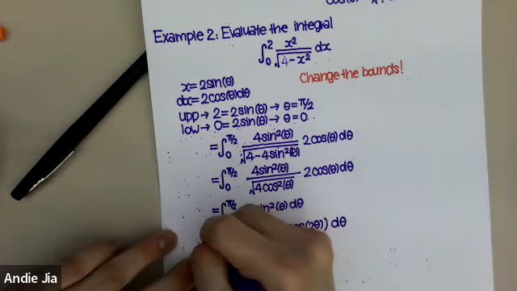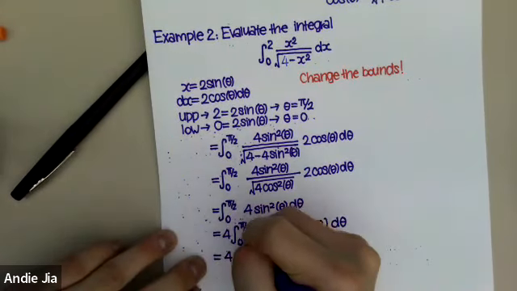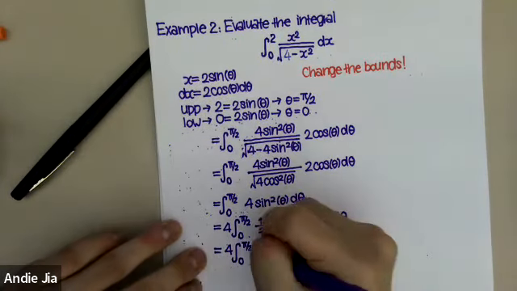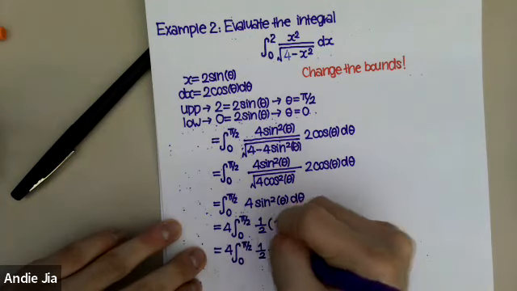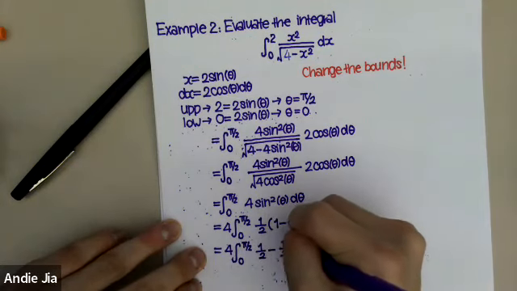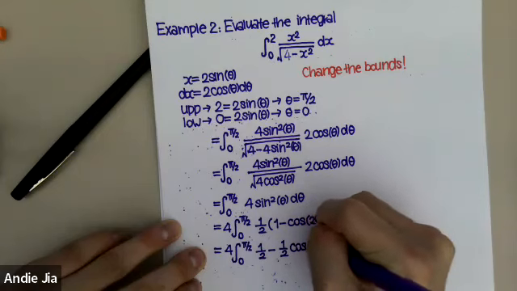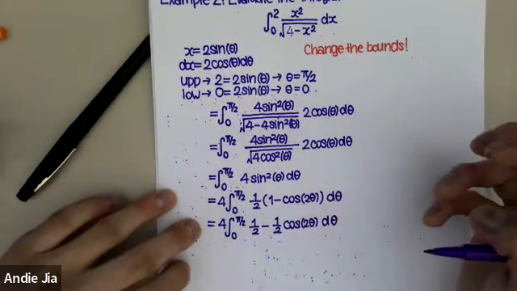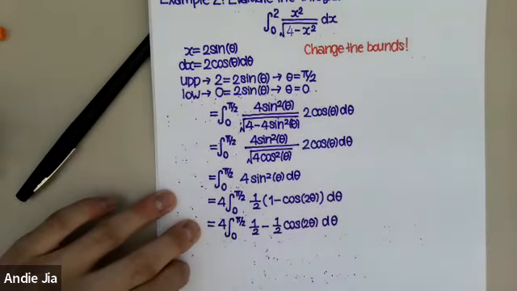And then we still keep the constant, pi over 2 and 0, so it's going to be 1/2 times 1 minus cosine of 2 theta d theta. Then just evaluate this integral.